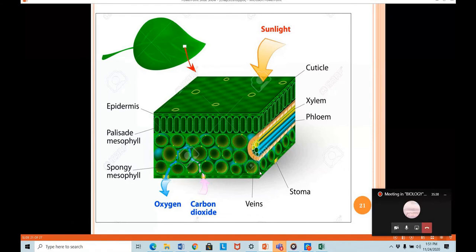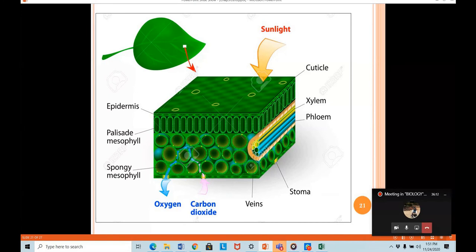Miss, those are tissues, that means they are a group of cells? Yes. Are they like the cover of the plant, the outer layer?